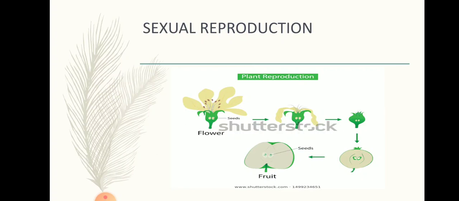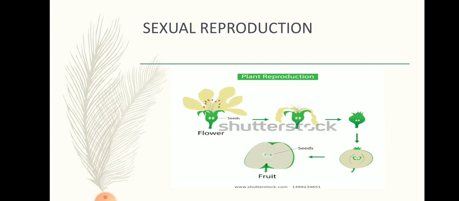We have already seen the parts of a flower in class 6th, in which you have seen that the flower is divided into 4 whorls: sepals, petals, stamen and carpel. Sepal is the outermost whorl which is greenish in color, and it protects the flower in the bud stage.